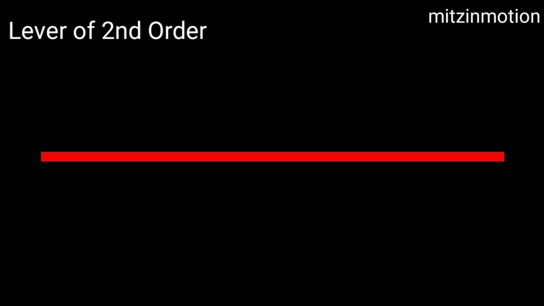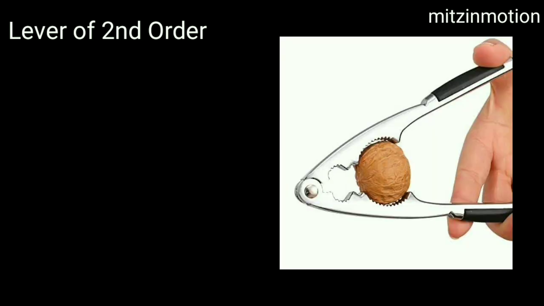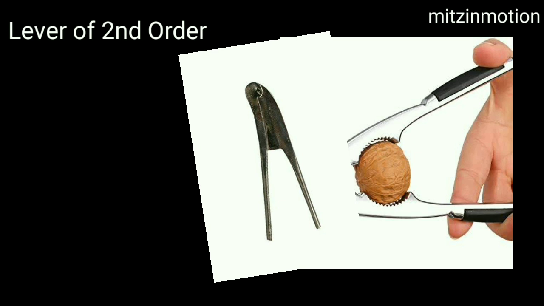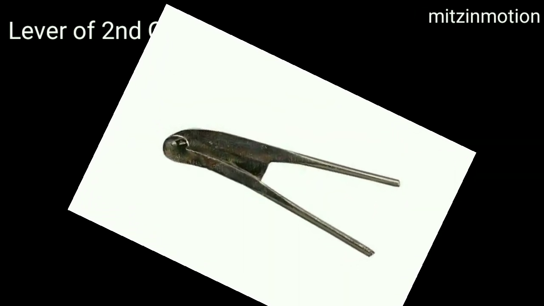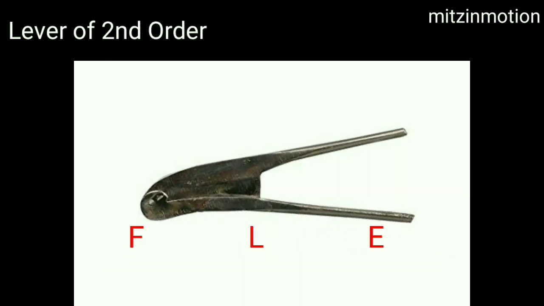Now let's discuss the lever of second order. In second order lever, the load is situated in between effort and fulcrum. Now the examples are like nutcracker. In a nutcracker, you see the load is in between, whereas you are applying the effort from one end.